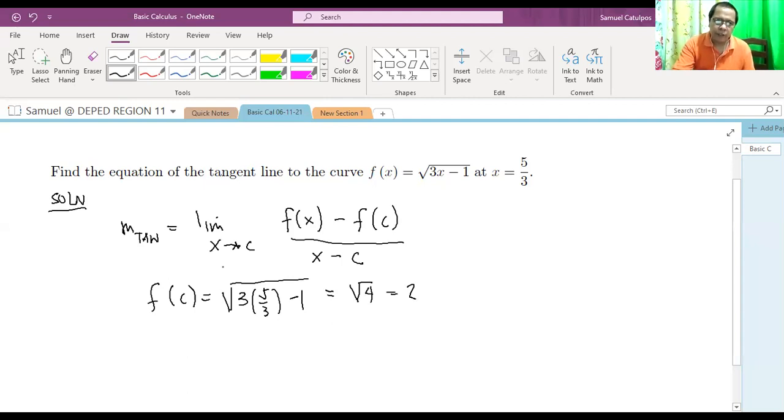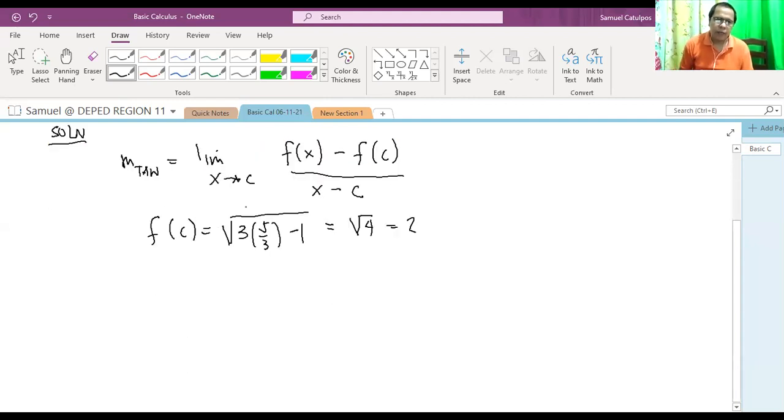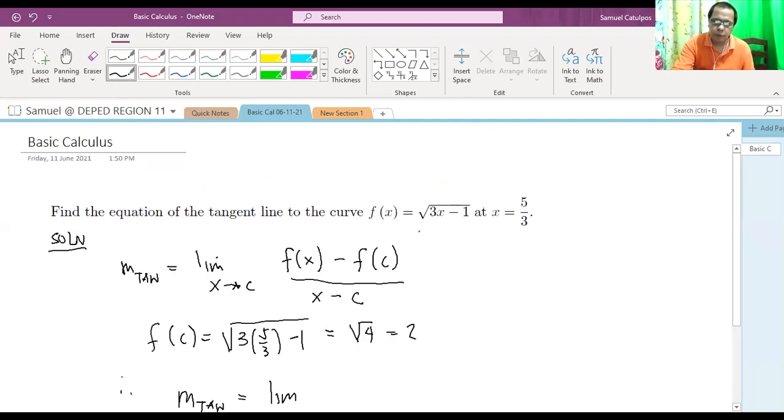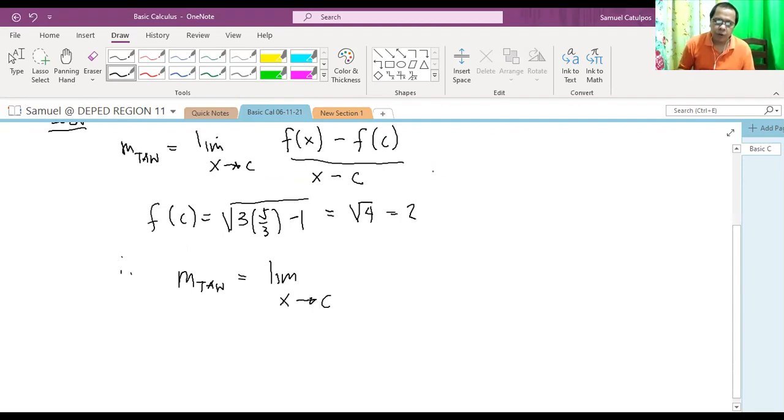So kung na kay function of c, substitute to the original equation. So therefore m tan is just equal to limit x approaches to c. So katong function of x nimo, itong function of x, square root of 3x minus 1, di ba?